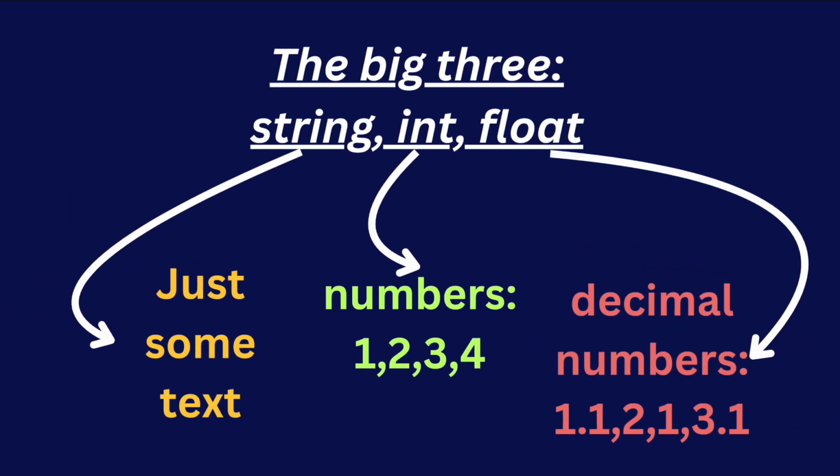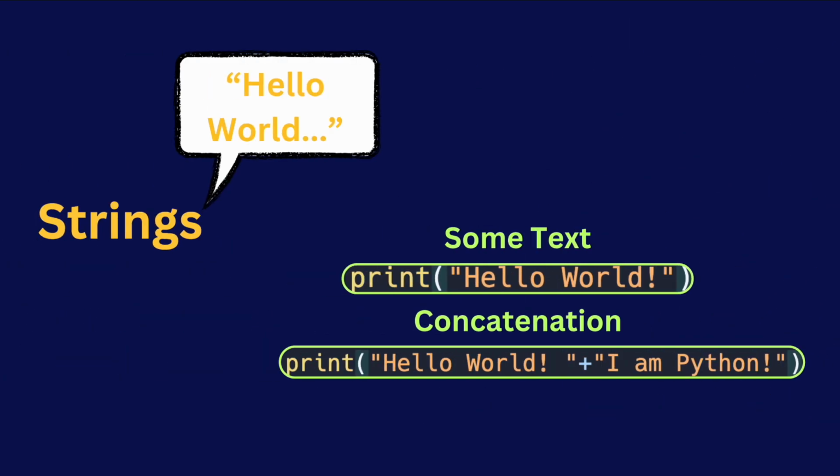The big three data types we'll be taking a look at are strings, integers, and floats. A string is just some text like hello world, and we'll also be taking a look at concatenation, where you can add two strings together basically.